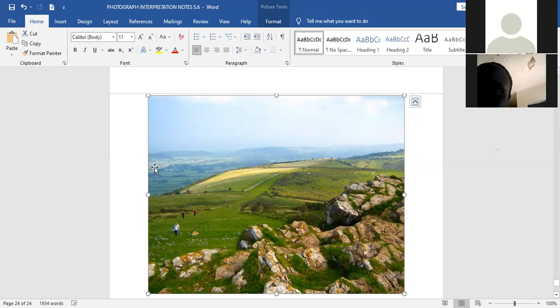Three, it shows the horizon or the skyline in the background. You can see the horizon or the skyline, which confirms to us that this one is a ground photograph.